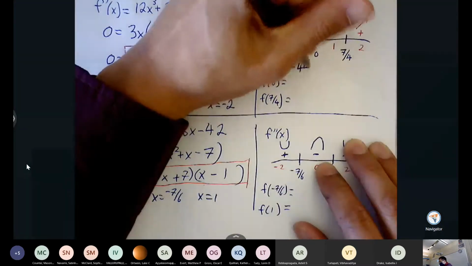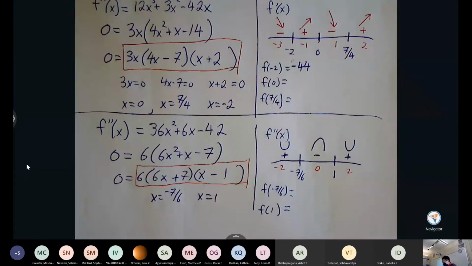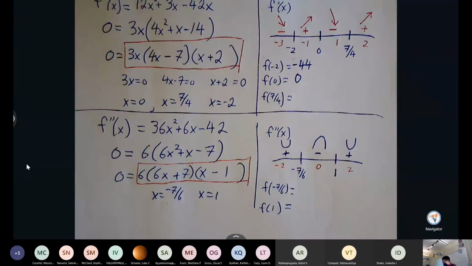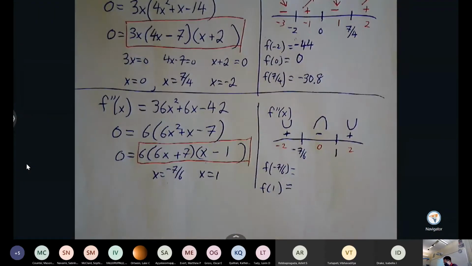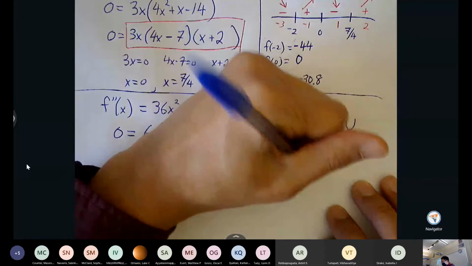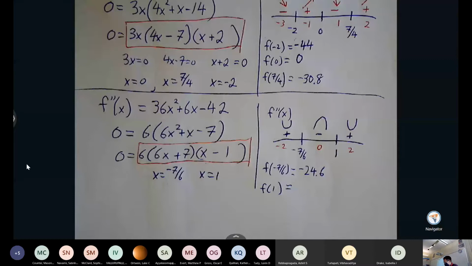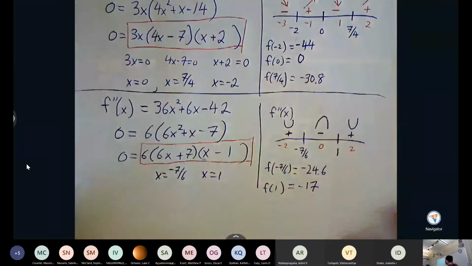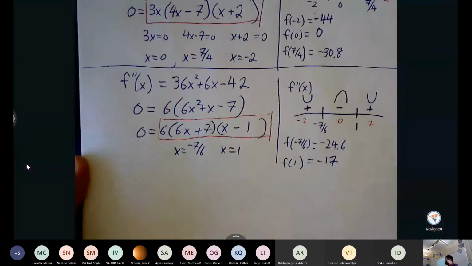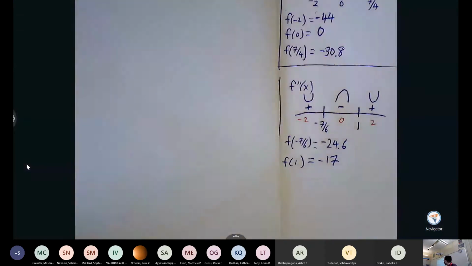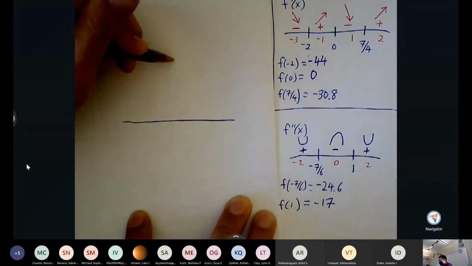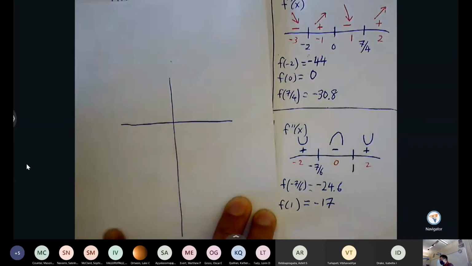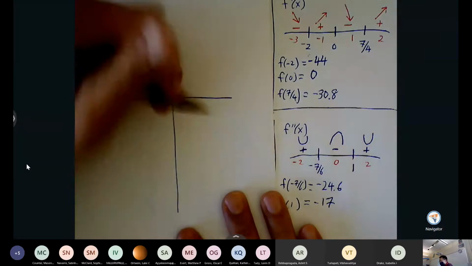So we may have to shrink our graph a little bit here. These are pretty large numbers. Okay, so -2 is all the way down to -44.